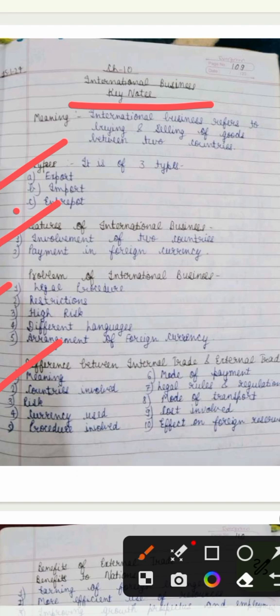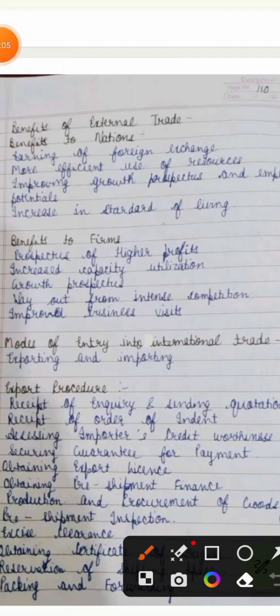I also want to share the benefits of international business. Here, the benefits of external trade to nations and to firms. Firstly, benefits to the nation. Earning of foreign exchange.